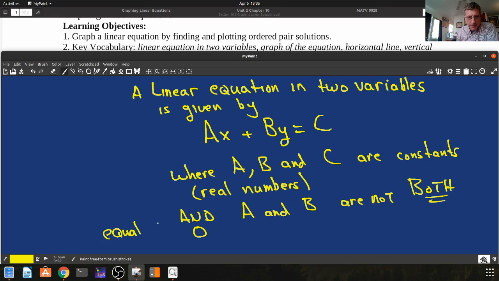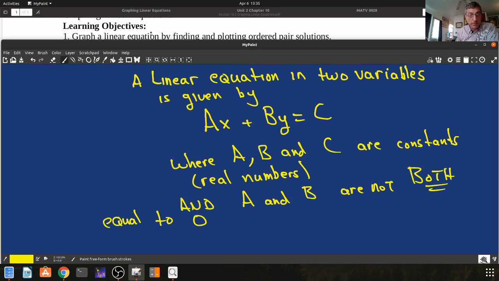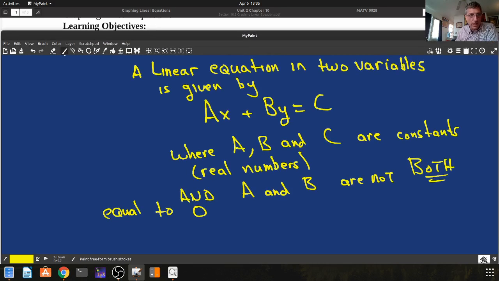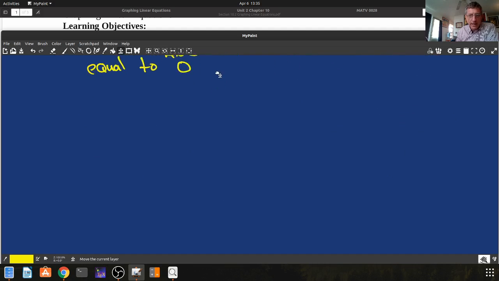And by that I mean equal to 0. So that means one of them can be equal to 0, but the other one's not. So let me show you really fast that the equation that we were just looking at has this form. That's actually called a linear equation in general form, ax plus by is equal to c.